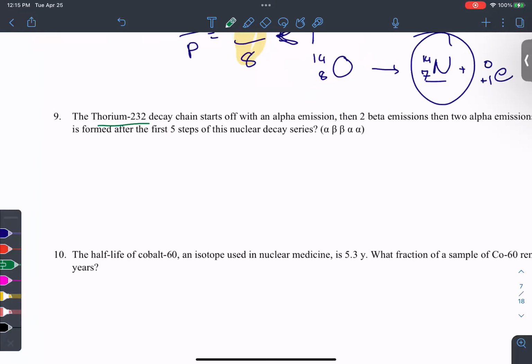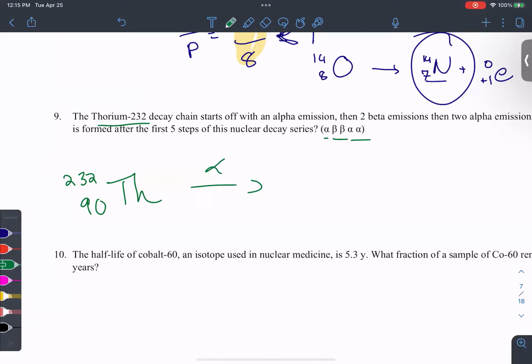So thorium-232, protons 90. I'm telling you that an alpha, 2 betas, and 2 alphas occur. What's the product? As long as you know that an alpha particle is 2 protons, 2 neutrons, you should be able to predict the product. And then after you form that product, beta emission occurs.